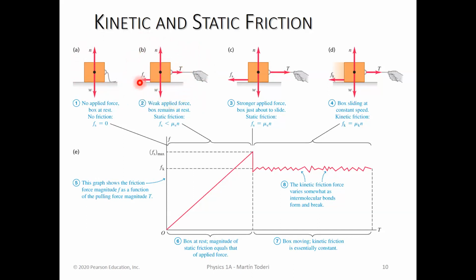As we know, for equilibrium, we need to satisfy the condition that the net forces on the axes are 0. So on the y-axis, the magnitude of the weight equals the magnitude of the normal. For the x-axis, here we have no force at all.